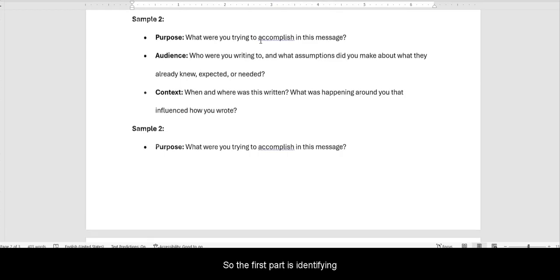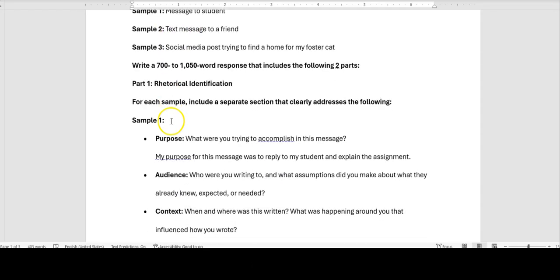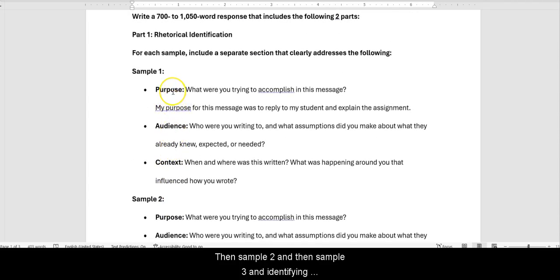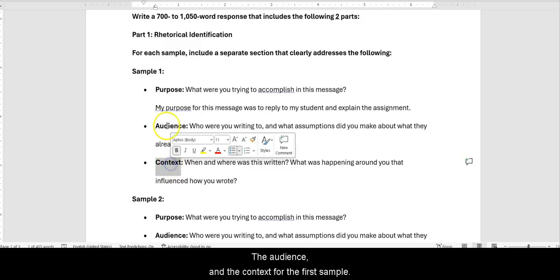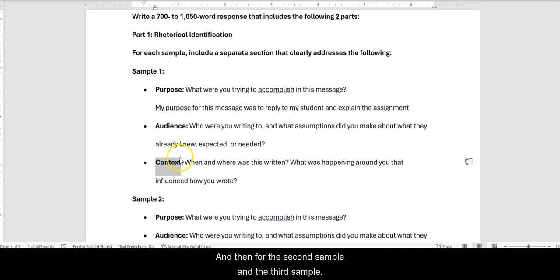Okay, so the first part is identifying each of the elements. And you can organize this in 2 ways. The first is by sample 1, and then sample 2, and then sample 3, and identifying each element, the purpose, the audience, and the context for the first sample, and then for the second sample and the third sample.